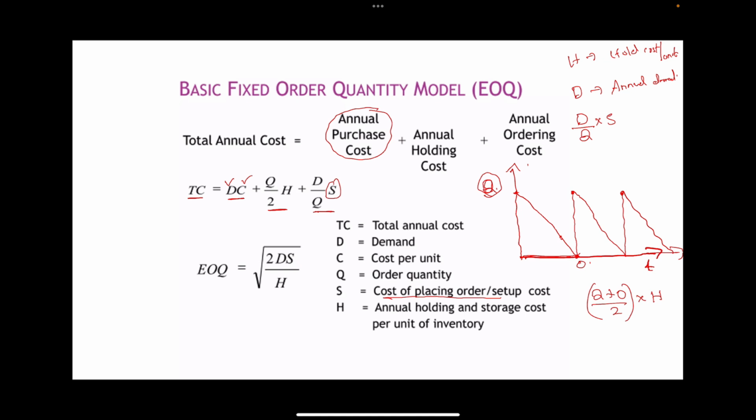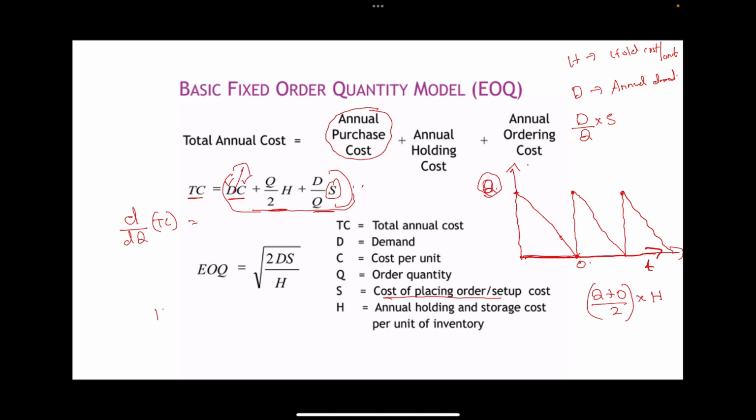In order to find the optimum quantity, you need to take the derivative of the total cost. If you take the derivative, the purchase cost term will be 0, as there is no Q there.